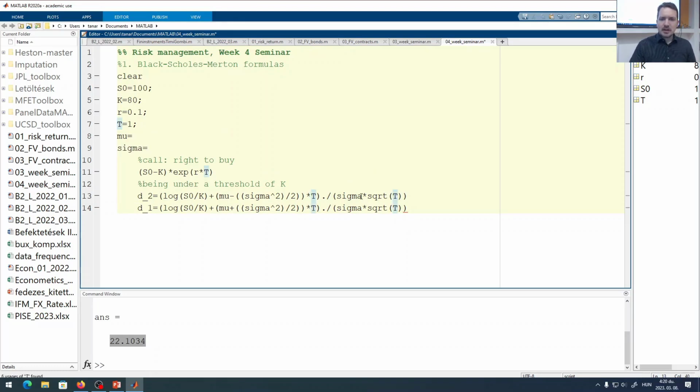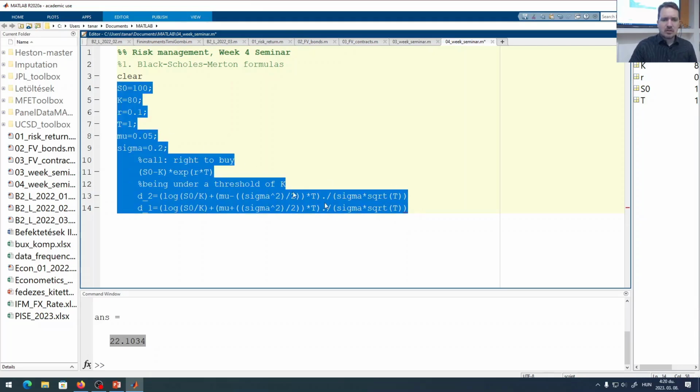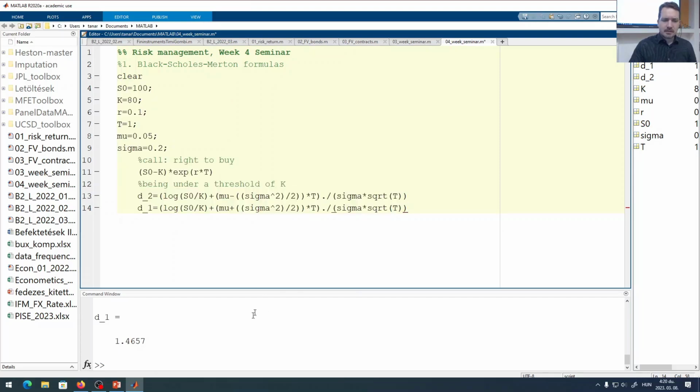T is already defined, sigma T, okay, so we don't need any more. 0.05, and I don't want to give the same numbers, so let's say 0.2. Can you run? Yes, it can. Good.